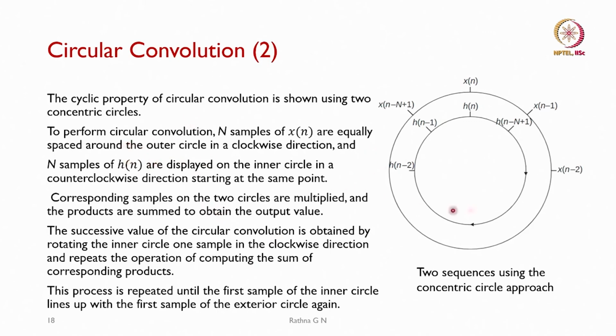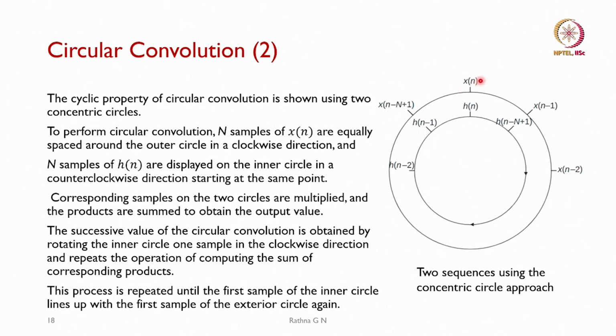So, how are we going to compute our circular convolution? Usually it is represented with two concentric circles, and we will see that this goes in the clockwise direction. x of n and h of n are aligned, and then we will be moving h of 0 in this direction, h of N minus N plus 1 and so on, and the last ones will be h of N minus 2, h of N minus 1.